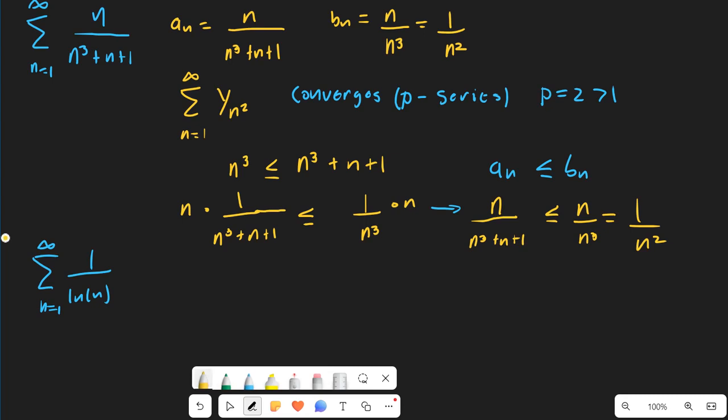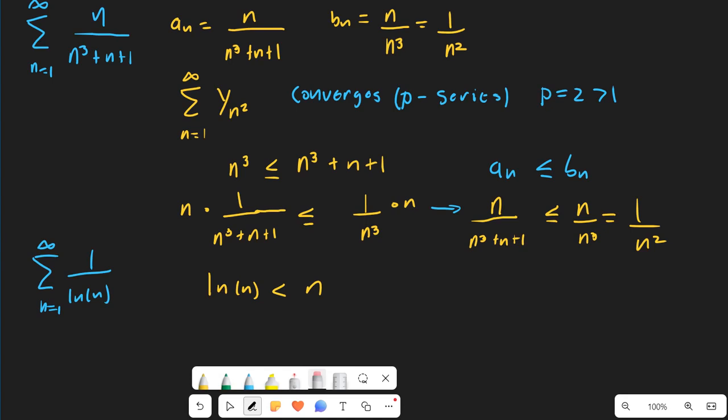But from here, you kind of have to do it the same way, where you think about, okay, what do we know about natural log of n? Well, natural log of n, for sure, is less than or equal to, let's say, n. But in actuality, it's more like less than for sure, because if you look at it on the graph, they are less than, okay?